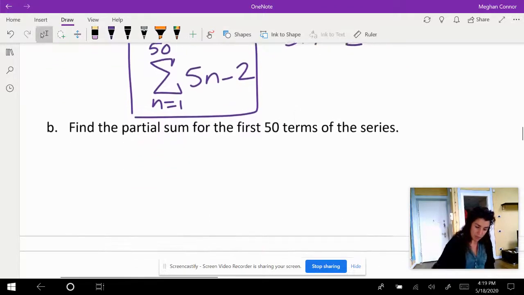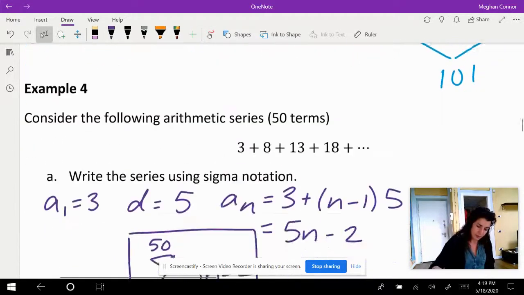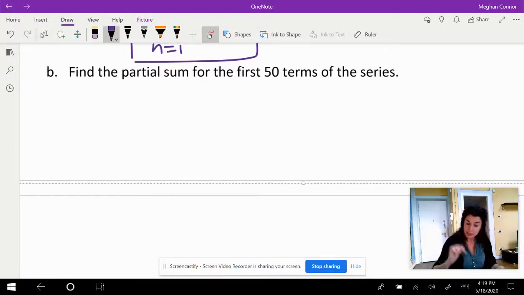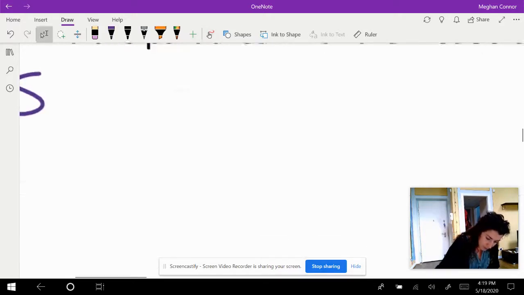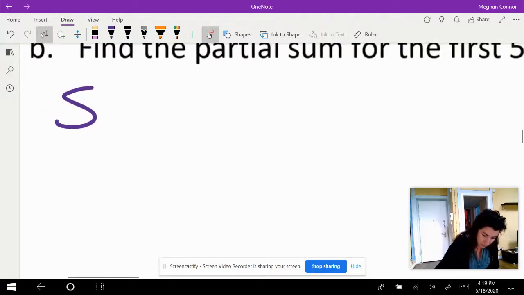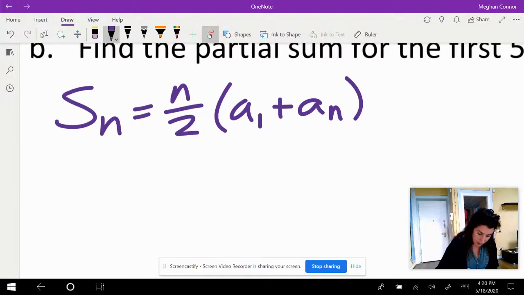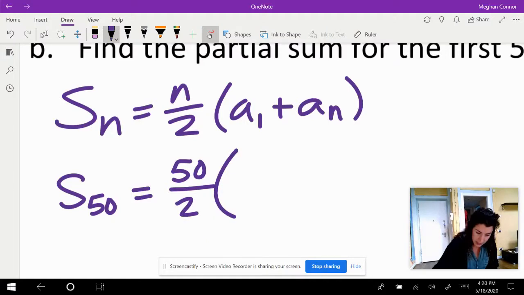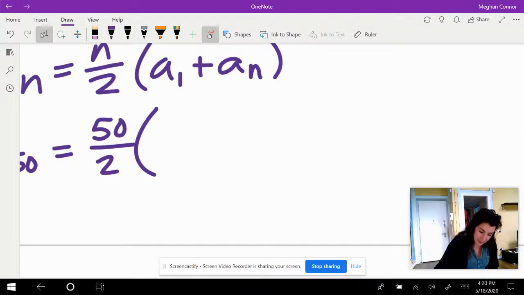Box it, move on. Find the partial sum of the first 50 terms of the series. So I'm going to write down the formula. S sub n equals n divided by 2 times a sub 1 plus a sub n. So S sub 50 is going to be 50 divided by 2 times, and then a sub 1 was 3.